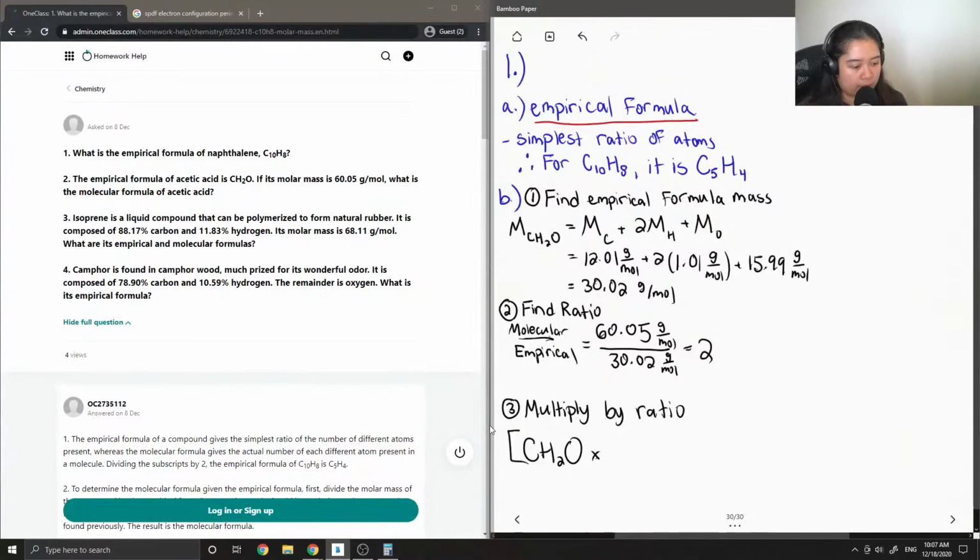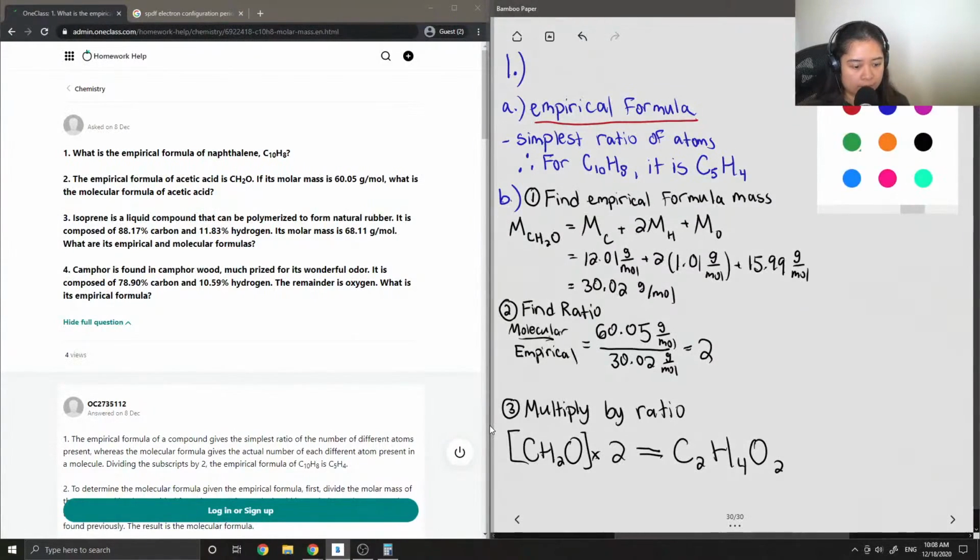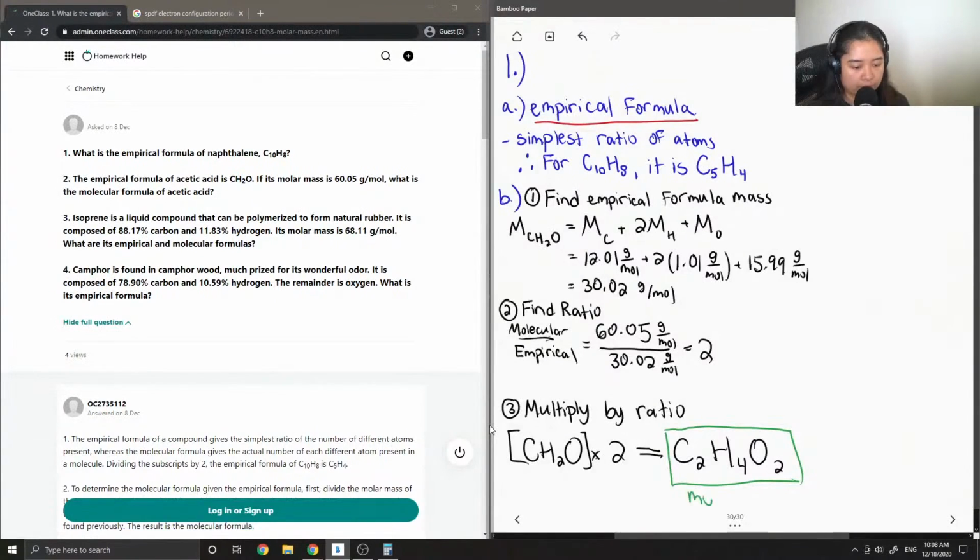Multiplying this whole thing by 2 gives us C2H4O2. And this is our molecular formula. Okay, so that is part B of the first question.